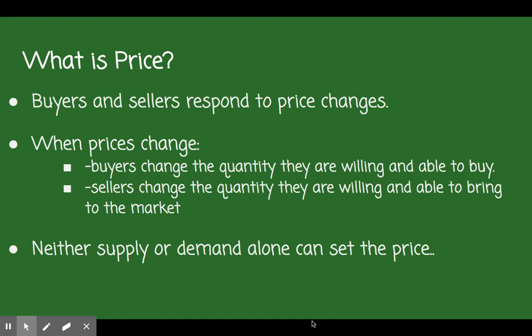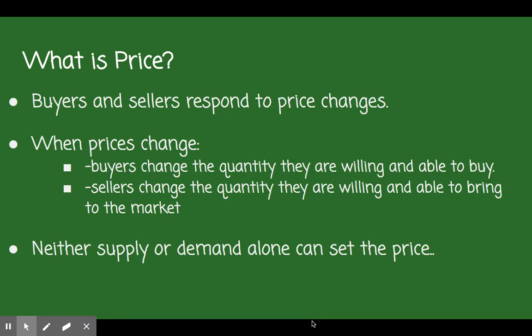So buyers and sellers respond to price changes. When the price of a product, a good or service, changes, buyers change the quantity they are willing and able to buy, and sellers change the quantity they are willing and able to bring to the market. For example, the higher the price, the less a buyer is inclined to buy it. And the cheaper it is, the more you feel like you want to get one, right?